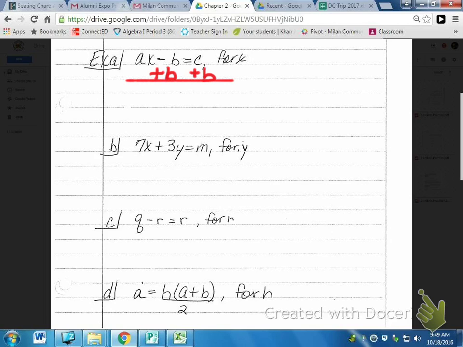Draw your line, just like we did when we solved equations before, and bring down below the line what you have. So I have ax, the minus b plus b cancels out. I bring down the equal sign, and I'm going to try to do this in alphabetical order as best I can. So I would put b plus c.